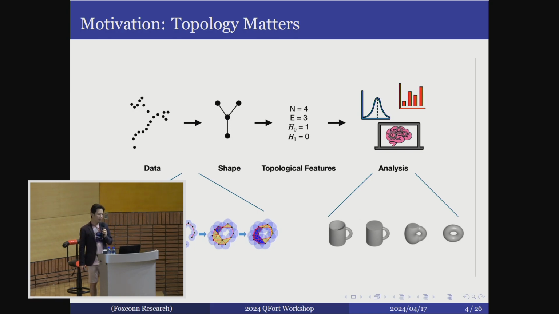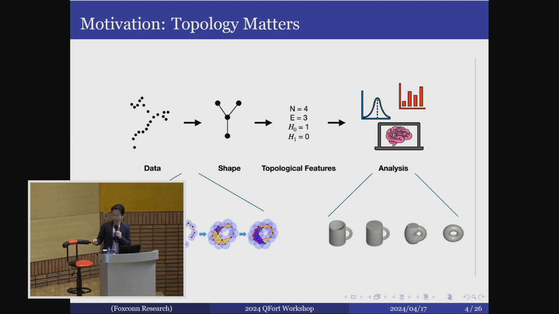Later I will show you that finding the topological features of your data is very difficult classically. That's why this motivates us to look at a quantum algorithm, and hopefully our quantum algorithm provides speedup.